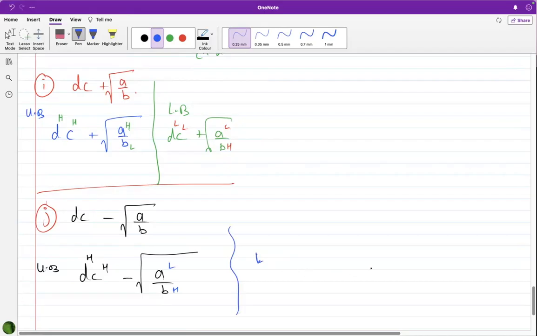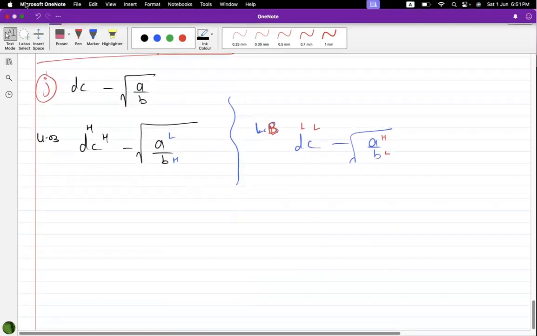And for the lower bound, D, C, A with the square root: D would be lower, C would be lower, because we are calculating the lower bound, and then A would be higher, and then B would be lower. Correct. So this will give us the lower bound.